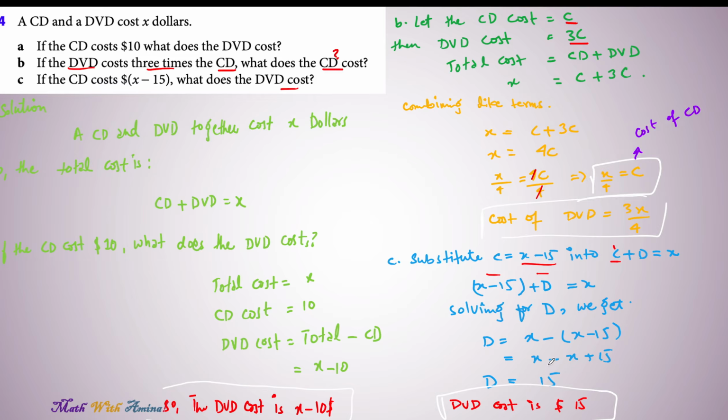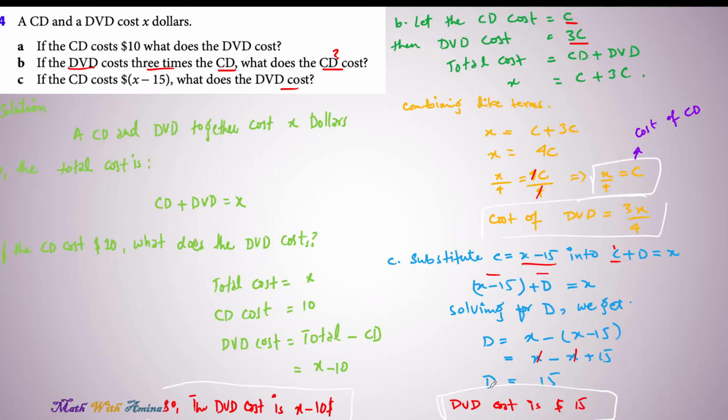When we open the bracket, it becomes X minus X plus 15, because minus multiplied by X is minus X, and minus multiplied by minus 15 becomes plus 15. The positive X and negative X cancel, and we are left with 15.